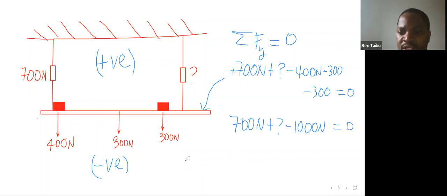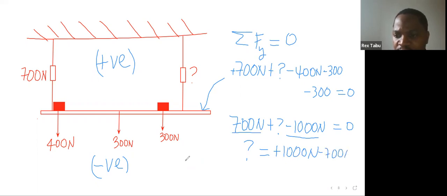Now, I can actually say my question mark will be, I transfer this one to the right-hand side, positive 1,000 newtons. And then I transfer this one to the right-hand side, it will be minus 700 newtons. So the question mark I'm looking for will be 1,000 minus 700, which is 300 newtons.